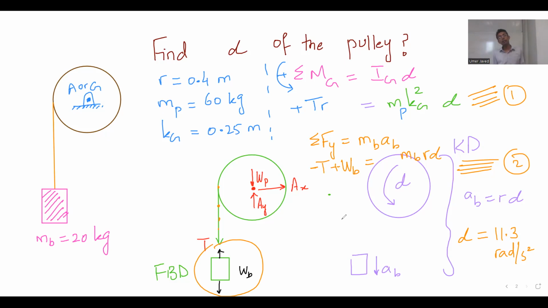So I had this intuitive feel that the disk has positive alpha, alpha is counterclockwise, and the mass is accelerating downward. Since I had that feeling, I had this equal to positive M_B a_B, so the positive is downward for me. That's why I was very careful to consider my weight as positive as well. Otherwise, you will have a wrong answer.